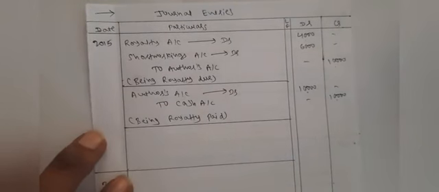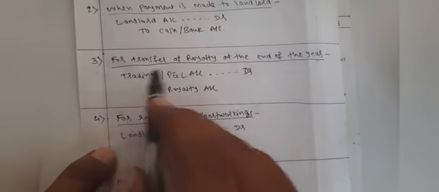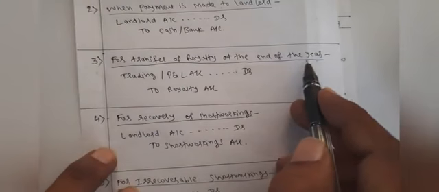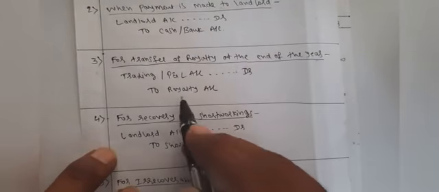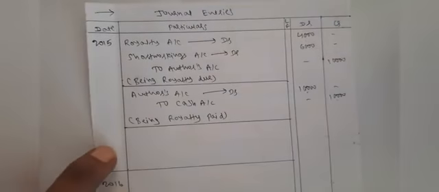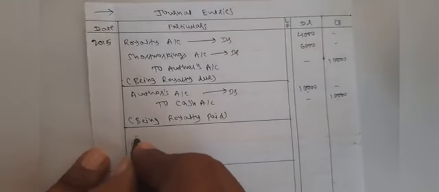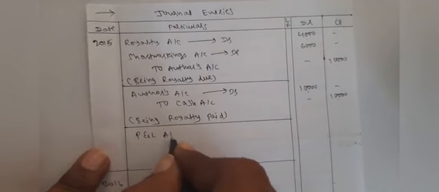Okay. Now the third journal entry is for transfer of royalty at the end of the year to the profit and loss account. So P&L account debit to royalty account.